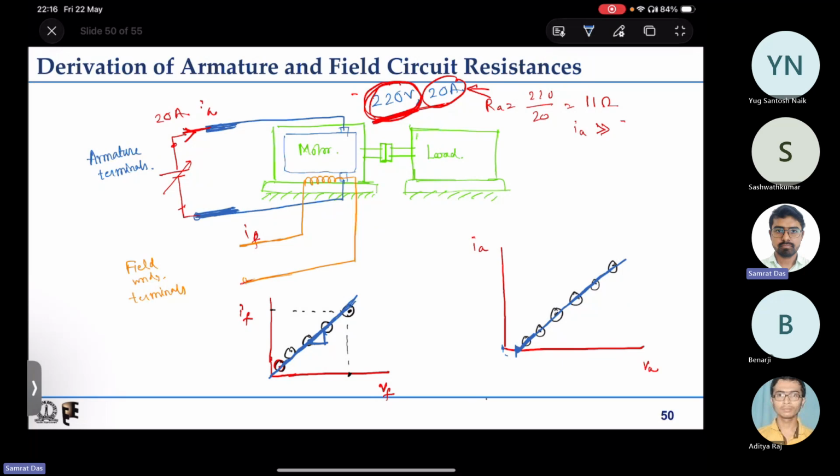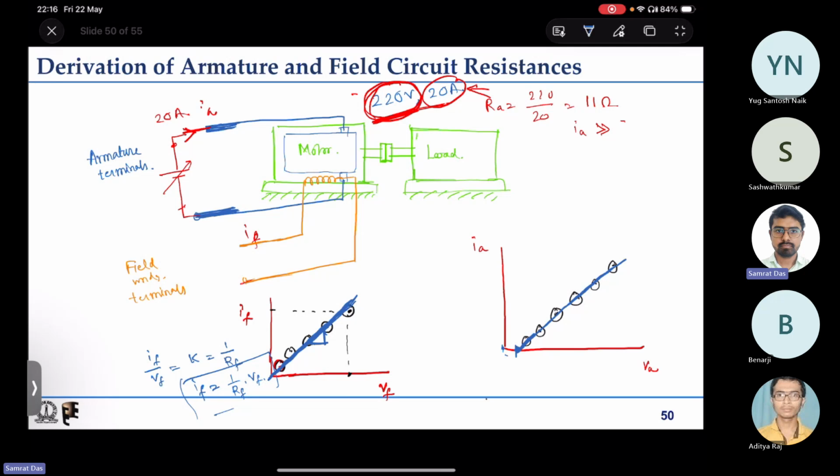If you want to write an equation for this characteristic, for the field winding, the ratio If by Vf is a constant number, which you know is the reciprocal of the field winding resistance. So the equation is If equal to 1 by Rf into Vf. This is the straight line equation for the field winding case.